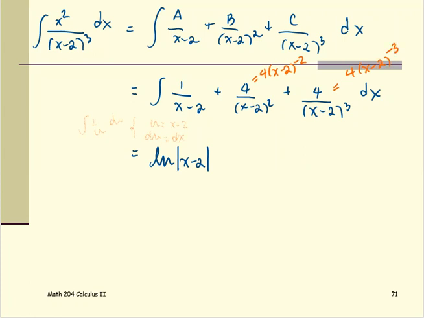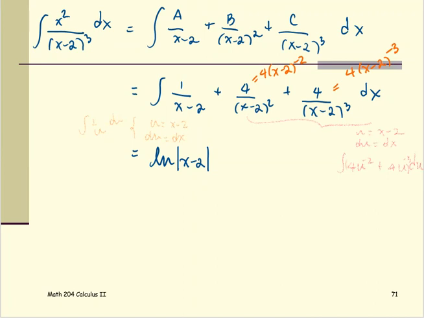Okay, for both of them I'm going to let u be x minus 2, and then du is dx, right? So the first term becomes the integral of 4 times u to the negative second. The second term is 4 times u to the negative third with respect to u.